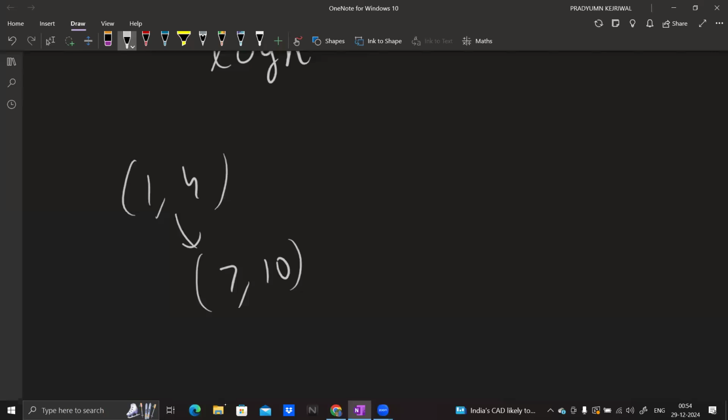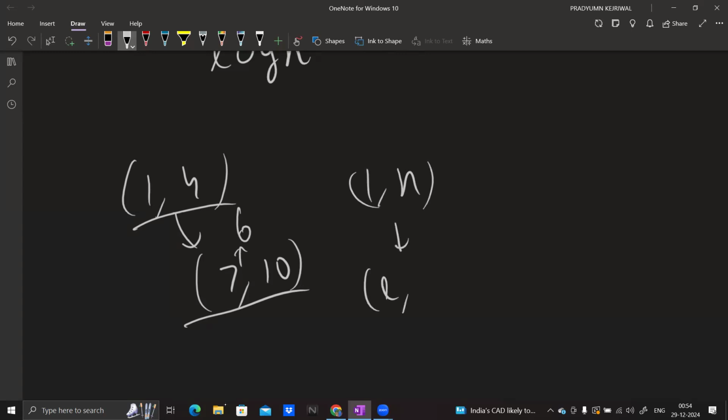From 1 to 4, you want to go to 7 to 10, so you would add 6, which is L minus 1. If from 1 to n you want to go to L through L plus n minus 1, then you will just add L minus 1, right?